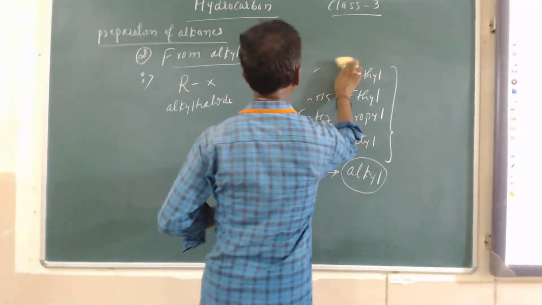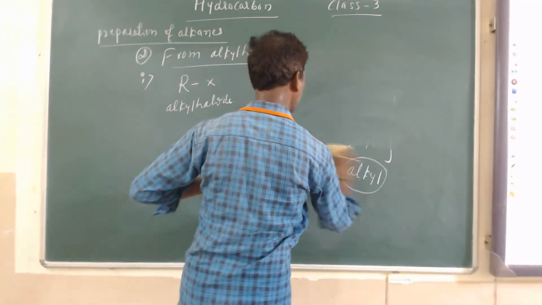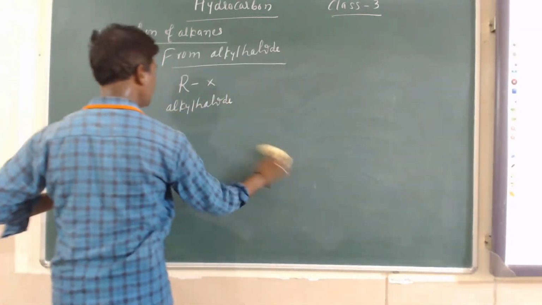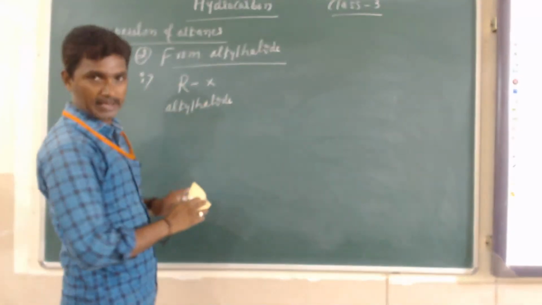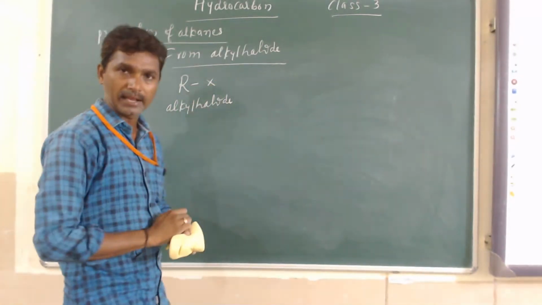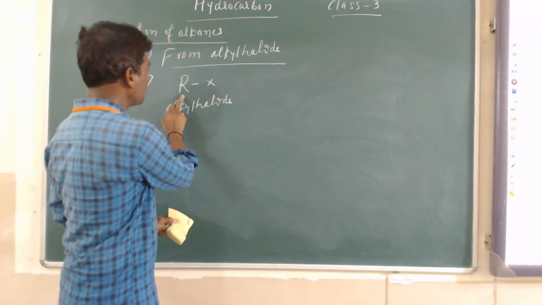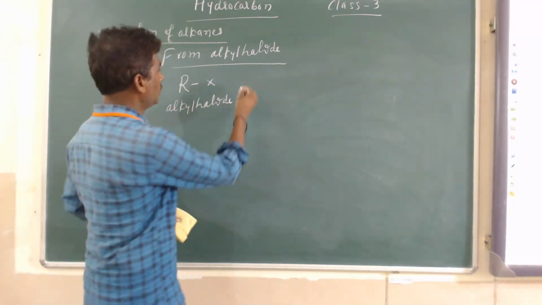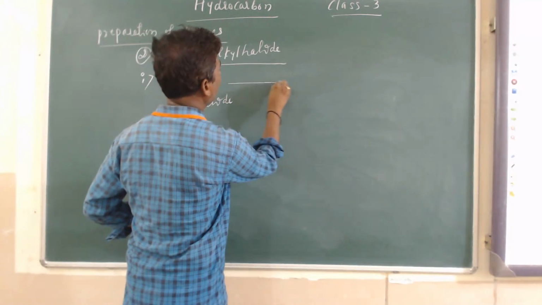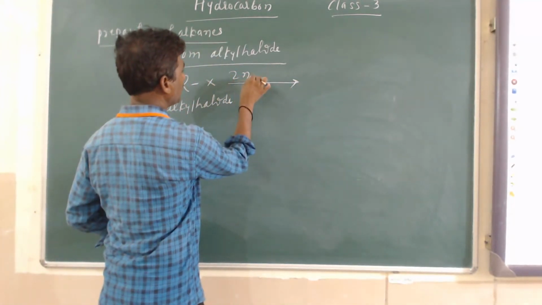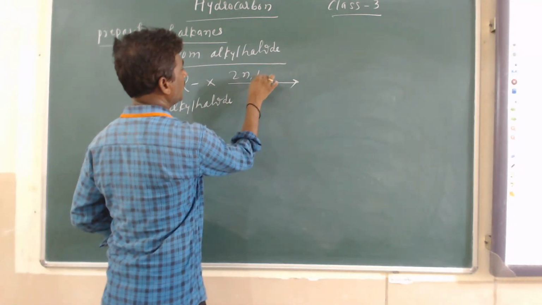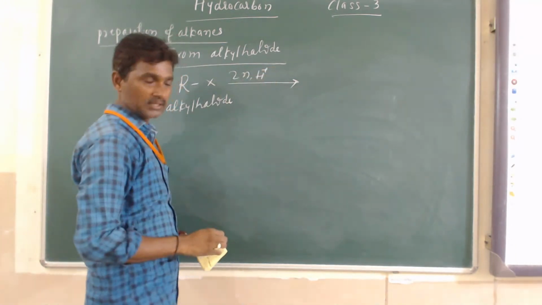Now the preparation here is from alkyl halide. This is an alkyl halide, R is the alkyl group and X is the halide.